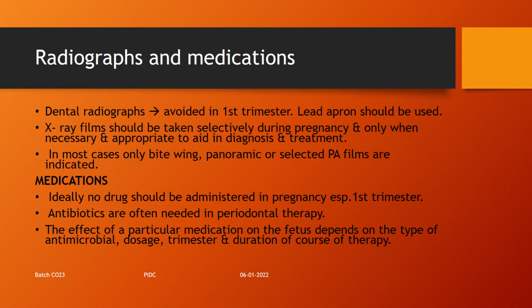So then coming to radiographs and medications during pregnancy, whether they can be taken or how they can be taken. Dental radiographs should be avoided in the first trimester. A lead apron should be used, and X-ray films should be taken selectively during pregnancy and only when necessary and appropriate to aid in diagnosis and management.